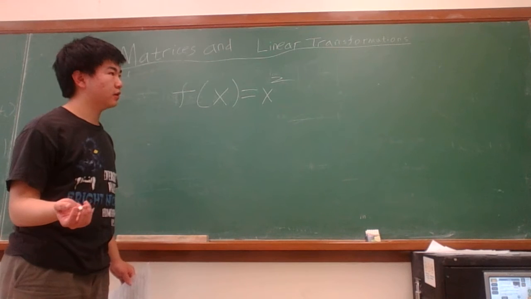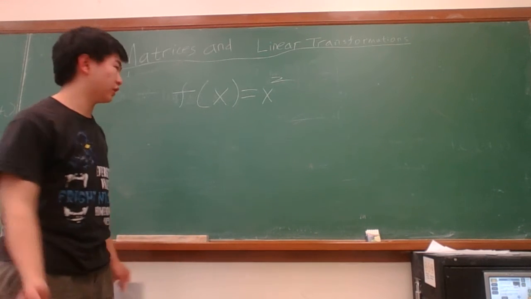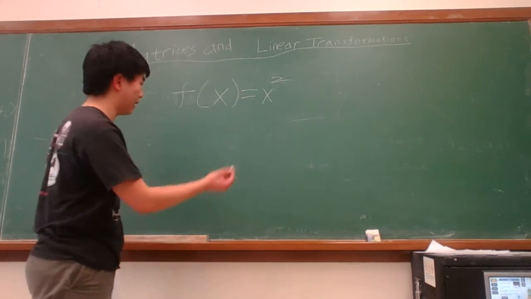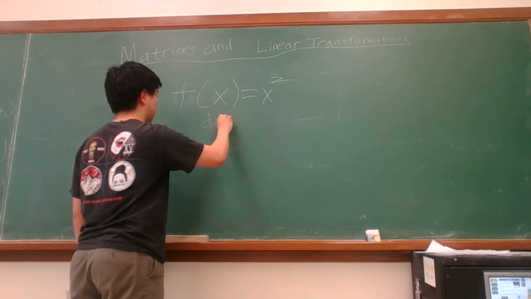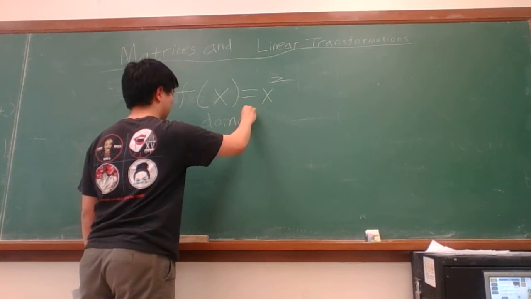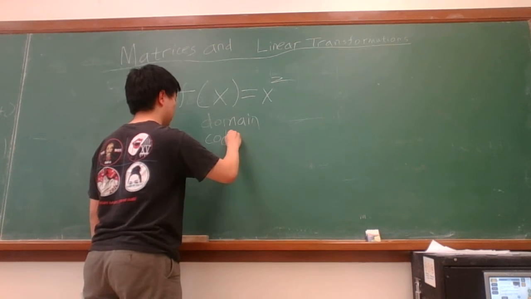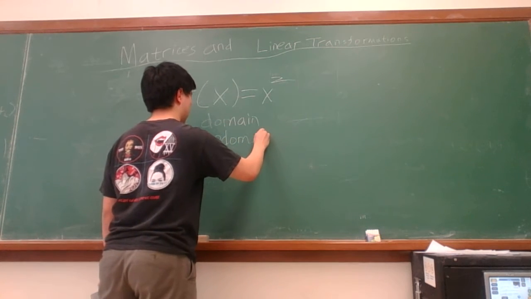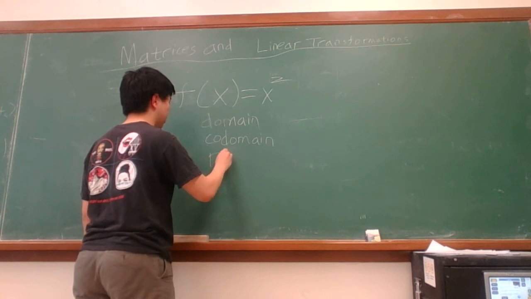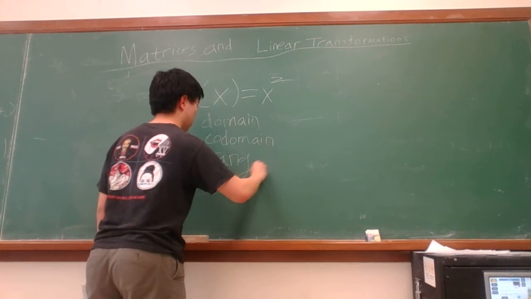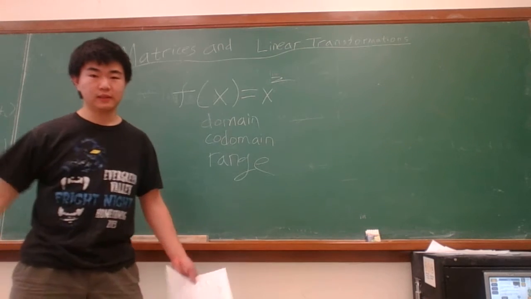So let's first talk about some general function concepts. There is domain, and then there is codomain, and there's range. Let's go over some of these definitions.